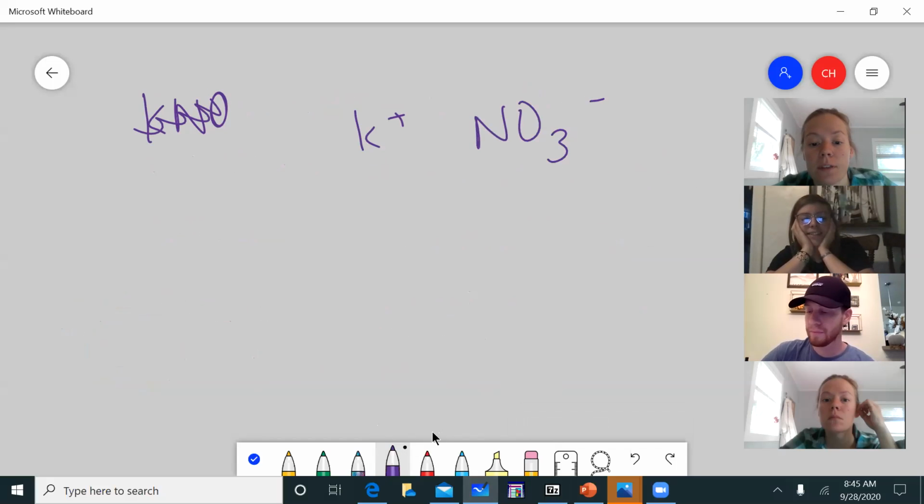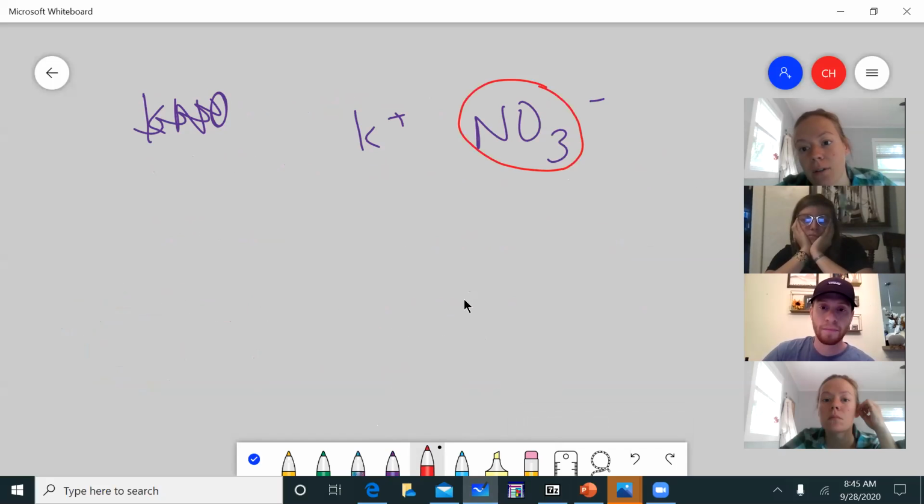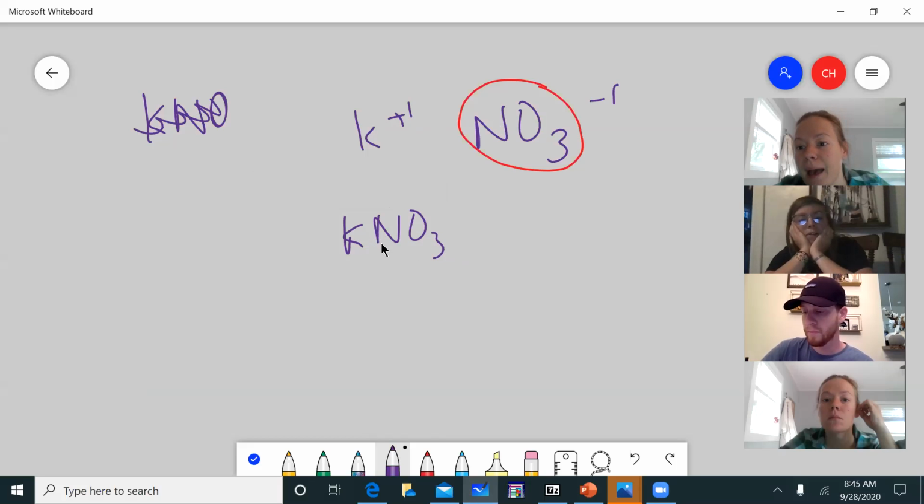I want you to think of this as a grouping or a packet with the charge on the outside. So whatever your charge is here, it has to talk about the entire thing. This is a 1 magnitude, this is a 1 magnitude. So you're going to have one of these for every one of these. So KNO3. The reason I don't put that in parentheses is because I just have one of them. And if you're wondering how will someone know that that's NO3, that's a packet together?